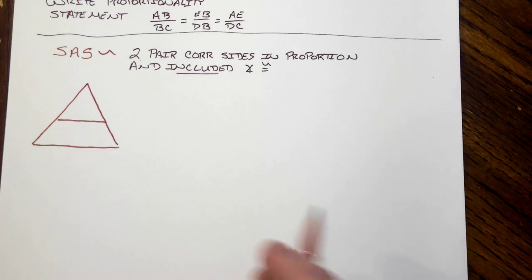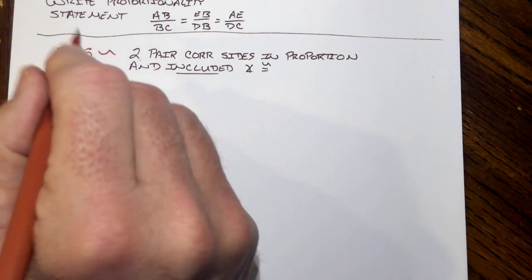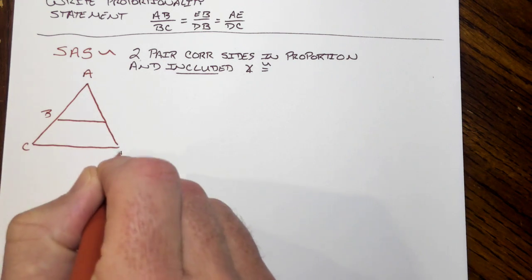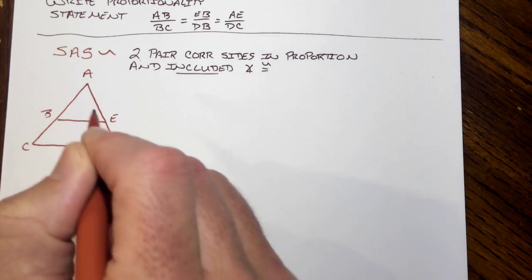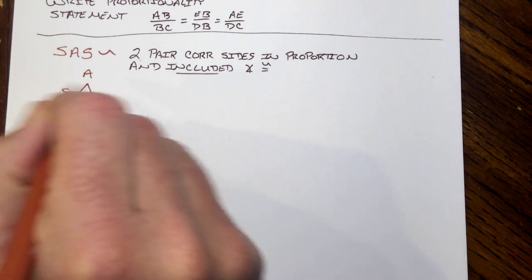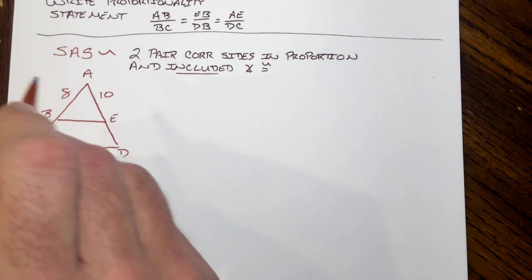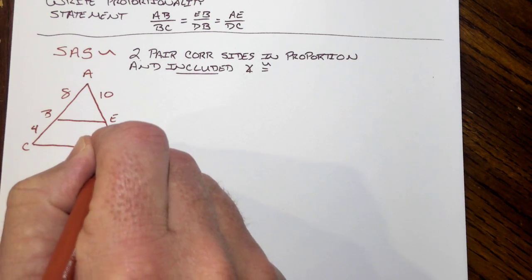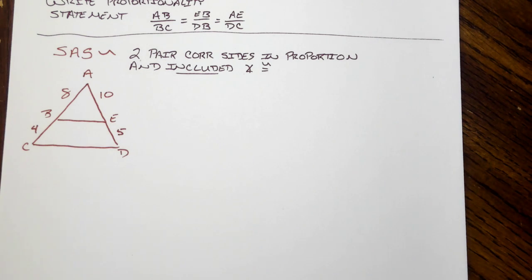So looking at this diagram, let's call it this. We'll go 8 units, 10 units, 4 units, 5 units. You should be able to see that we have two triangles involved here, so we are going to separate them and see what we have.